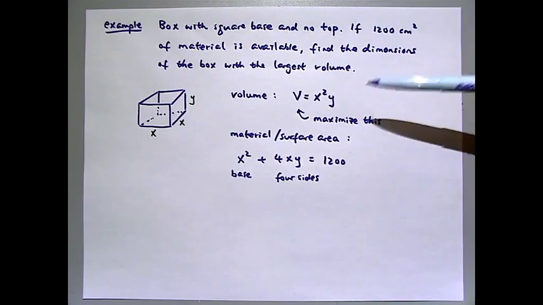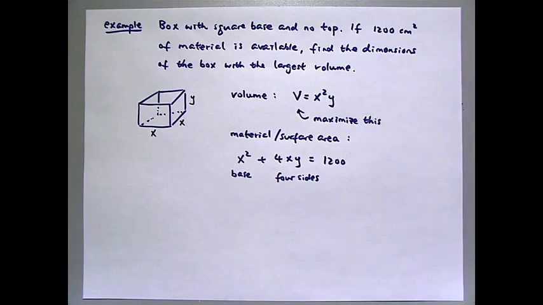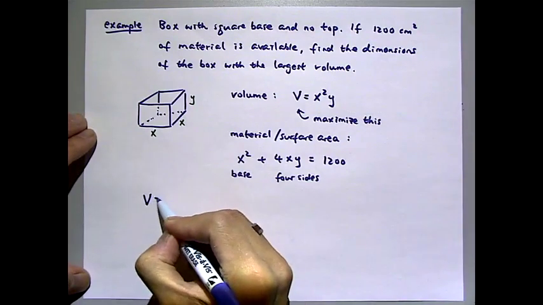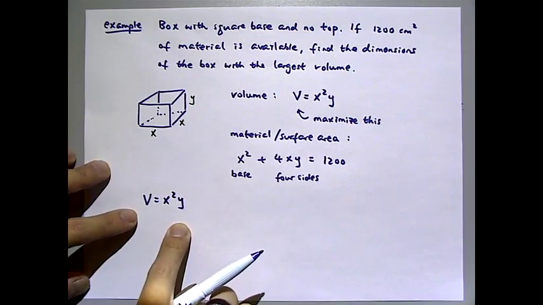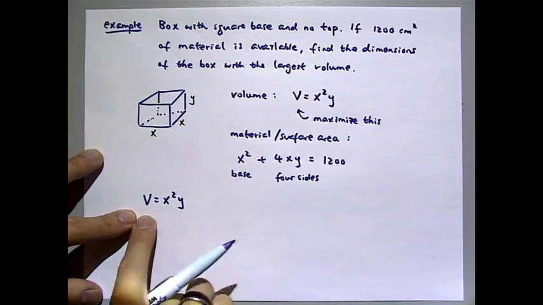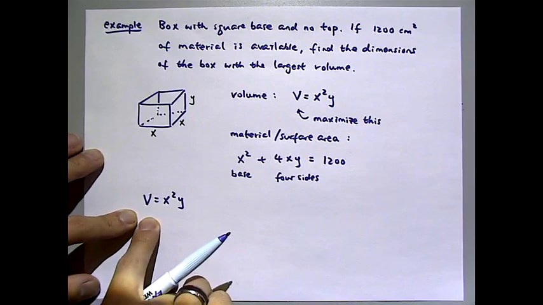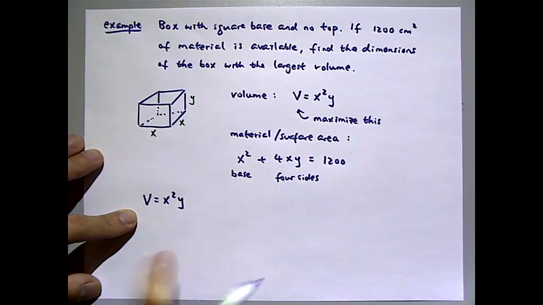Okay, just like last time, the equation V. You always want to look at the equation for the quantity you want to maximize or minimize. If it has more than one variable in it, one has to go.